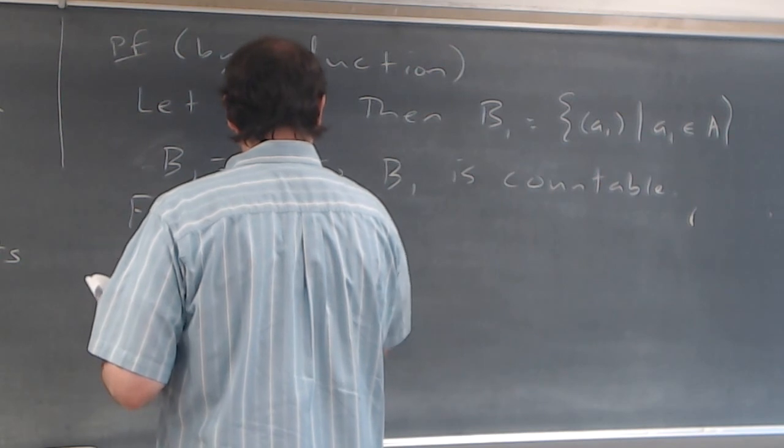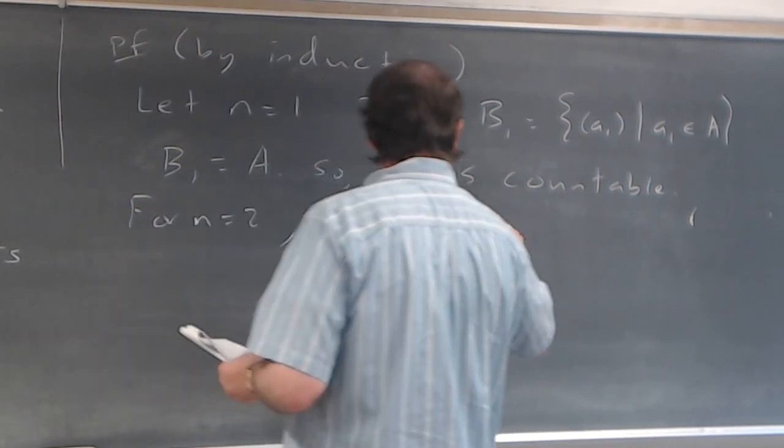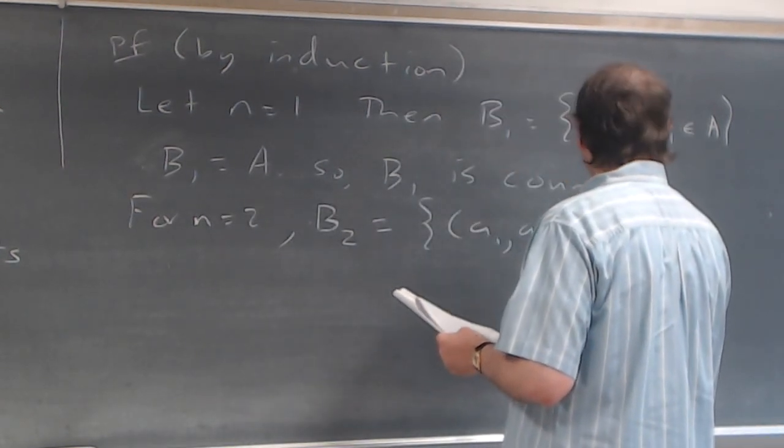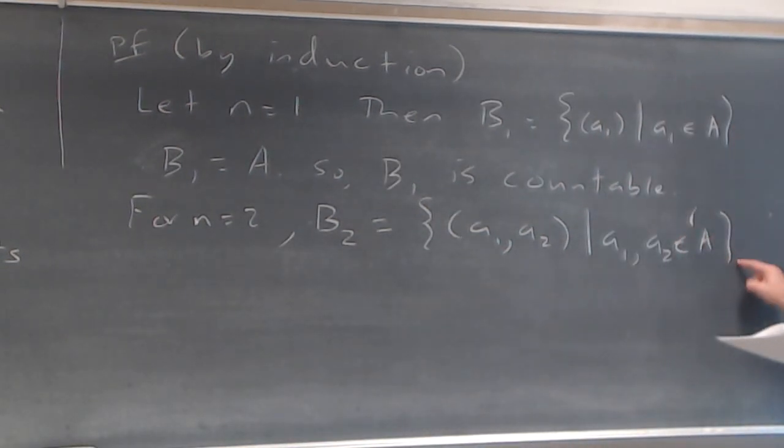So B sub 2 will be equal to (A1, A2) such that A1 and A2 are elements of A. That's what we're looking at.